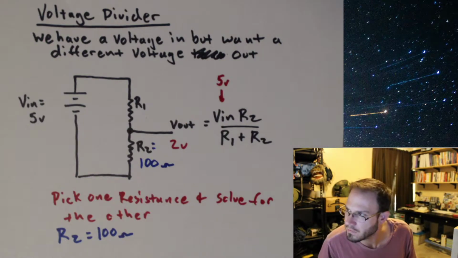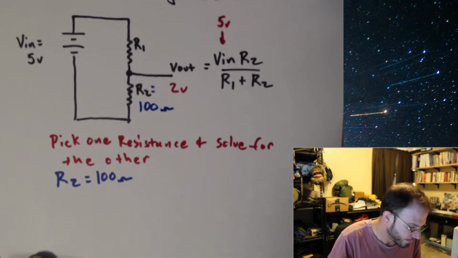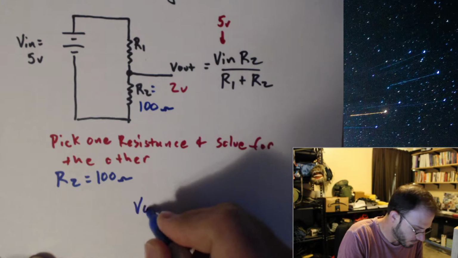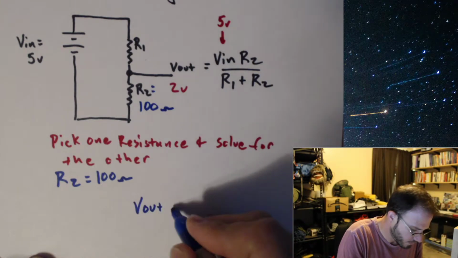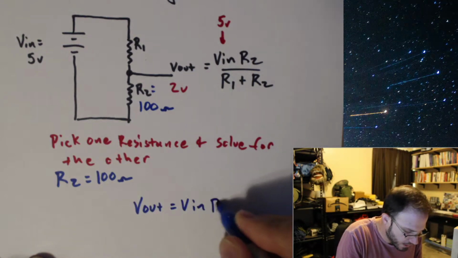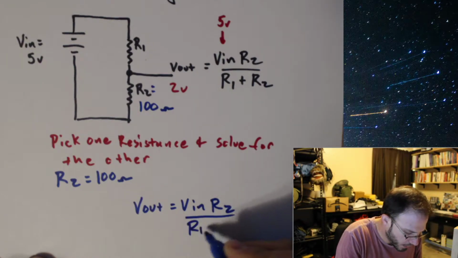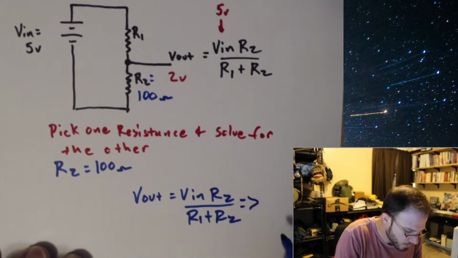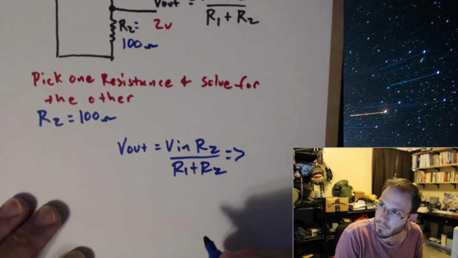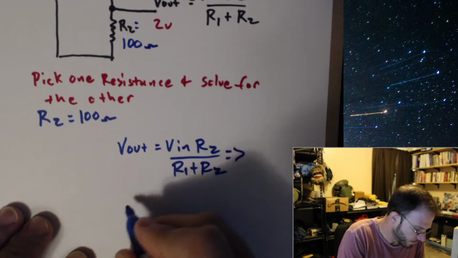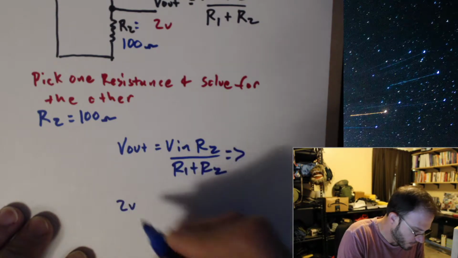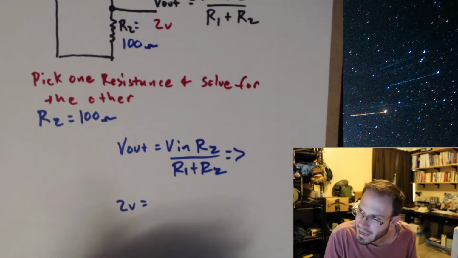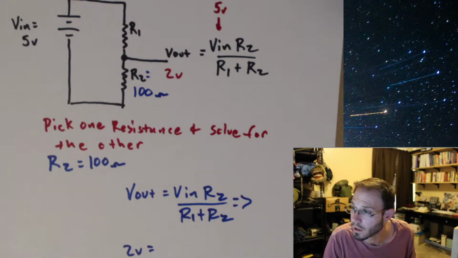From that perspective, it's really straightforward. V out equals V in times R2 divided by R1 plus R2. And in our case, 2 volts was our desired output, and our input is what we were given or have to work with.